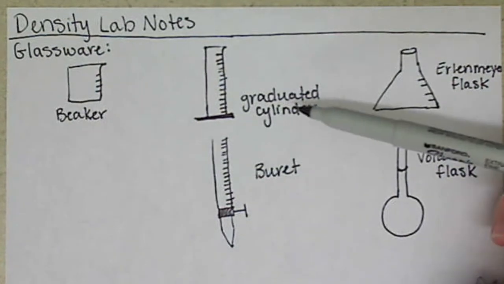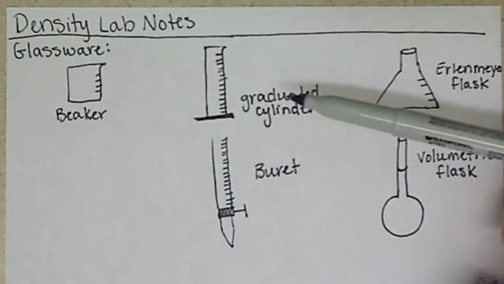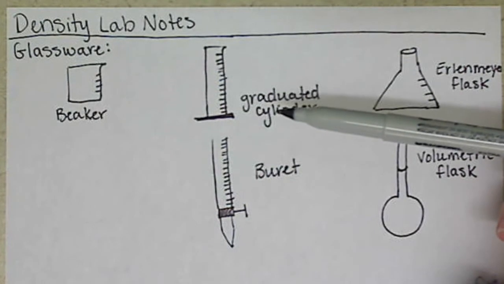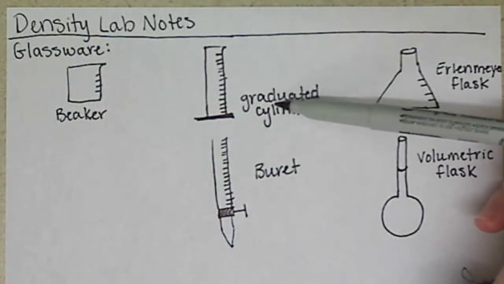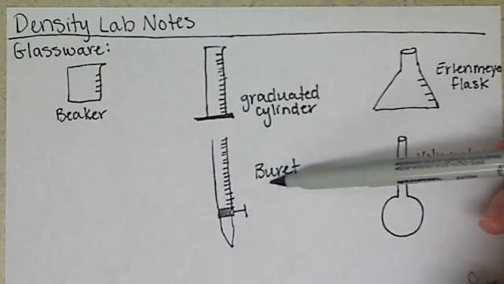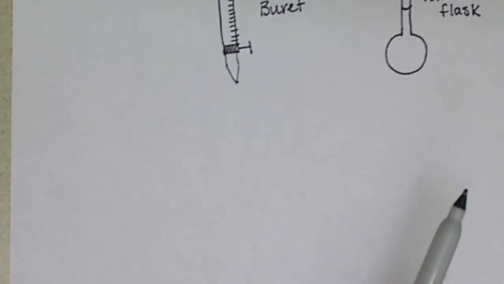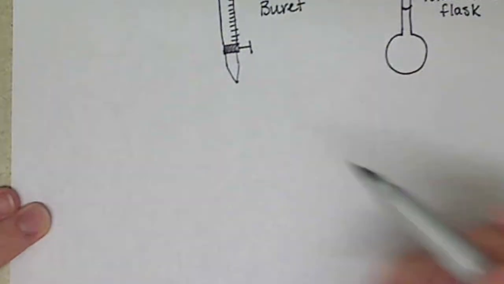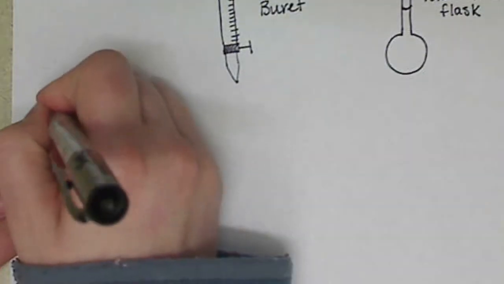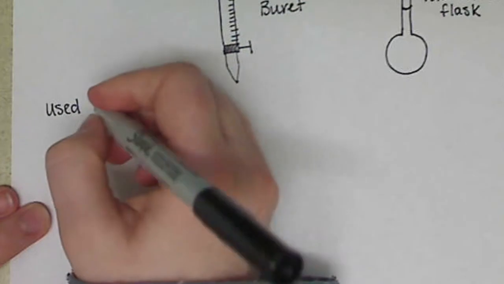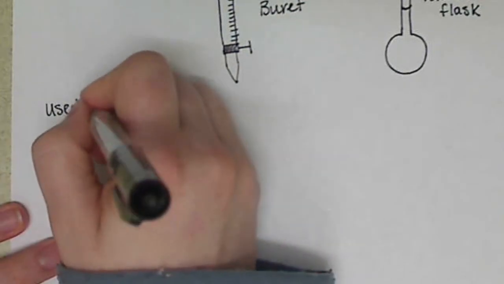So for our density calculations, when we calculate density in labs, we use a graduated cylinder and a burette. So let's talk about the differences between these two to look at how these are used. These are glassware that are used to measure a volume.